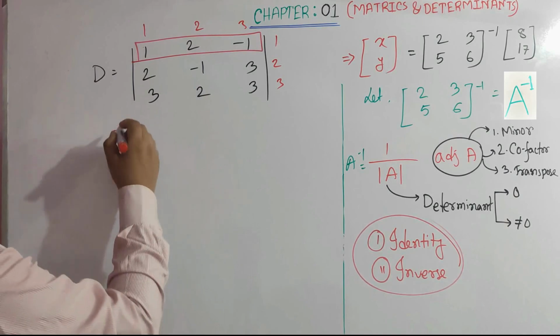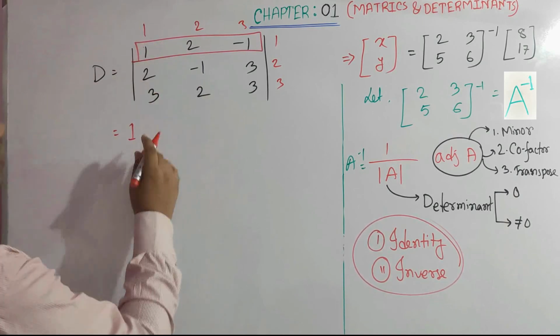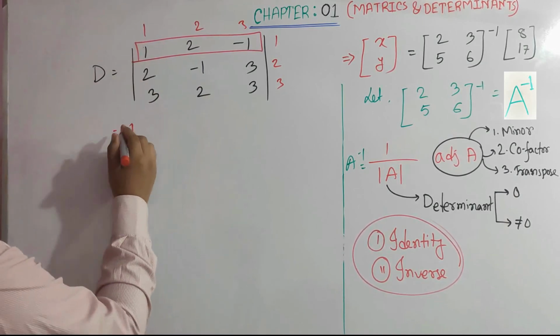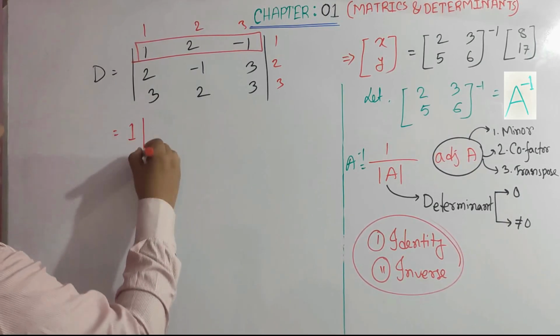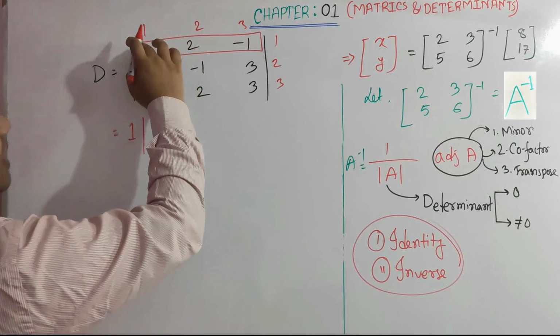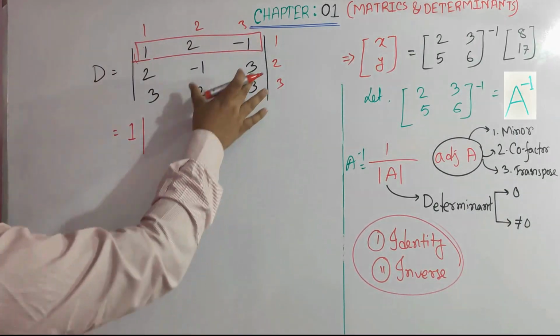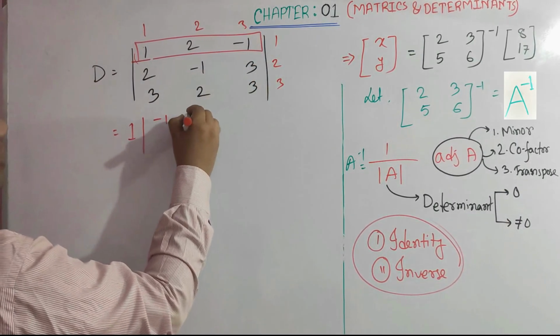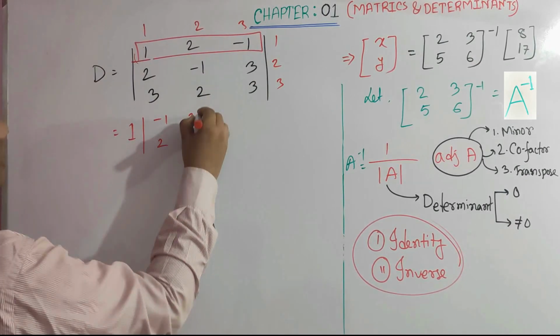Since 1 is in the first position, the cofactor must be plus, so you may write plus here. Then this row and this column will be gone, so we'll get only -1, 3, 2, 3.